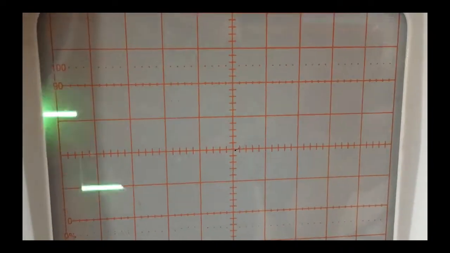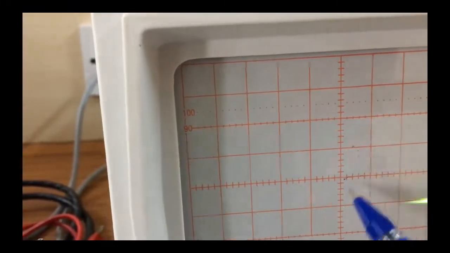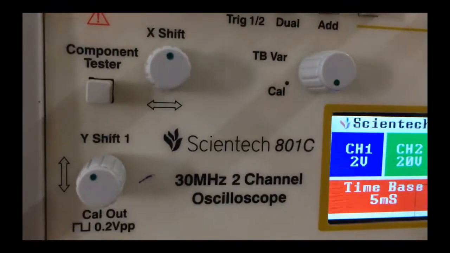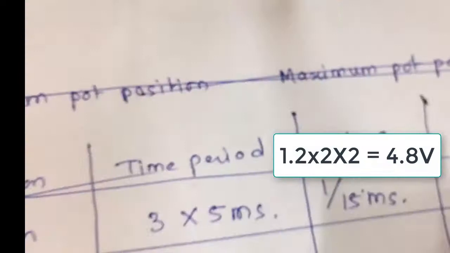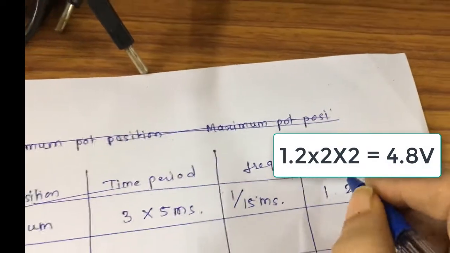For measurement of amplitude of voltage, we have to take the peak to peak value because it is a pulse given. So what will be the voltage reading? 1.2 into 2 into the volt per division knob, which is 2. So 1.2 into 2 into 2 is nothing but 4.8 volts is the reading of voltage.